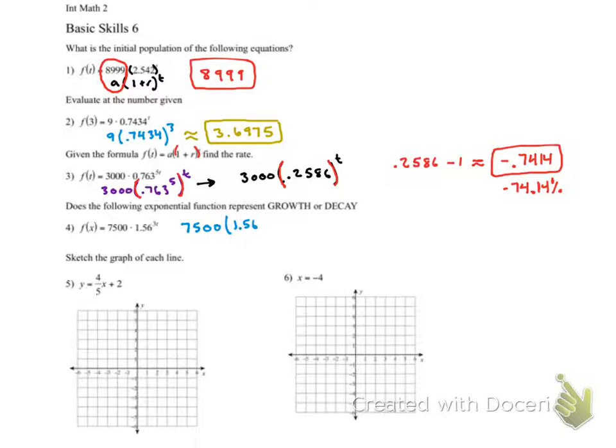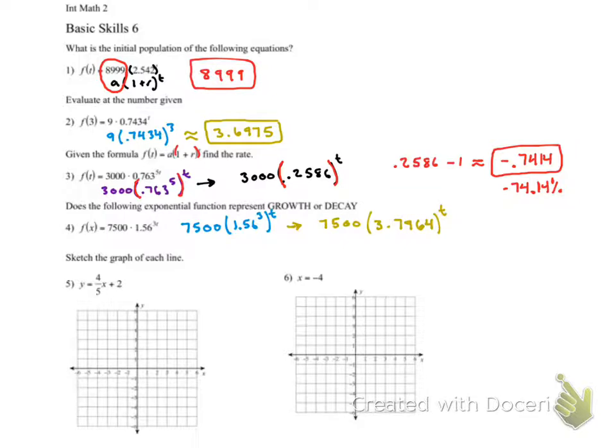And remember, we want to split that 3 times t, so there's our 3 to the t power. 1.56 to the 3rd power gives us 3.7964. So simplifying this out further, 7,500 times 3.7964 to the t power.